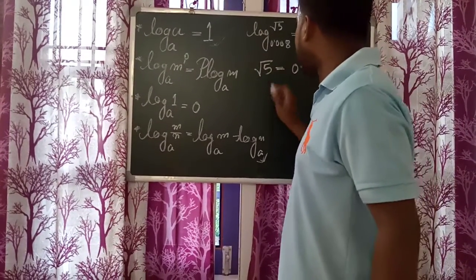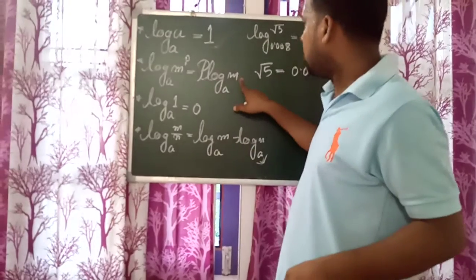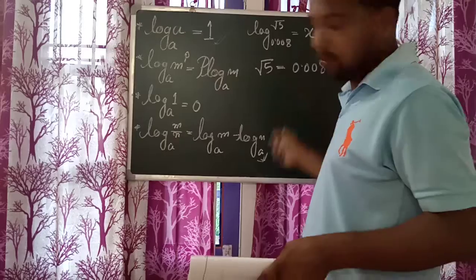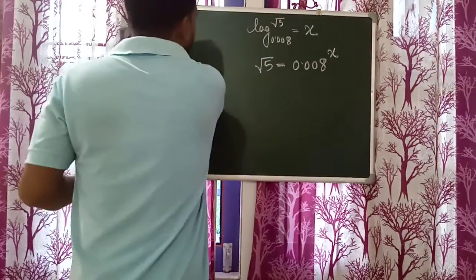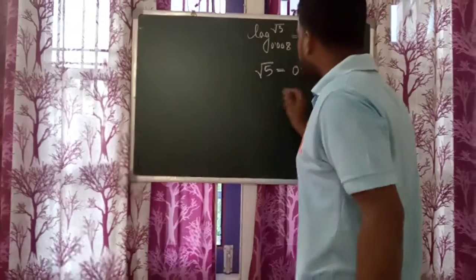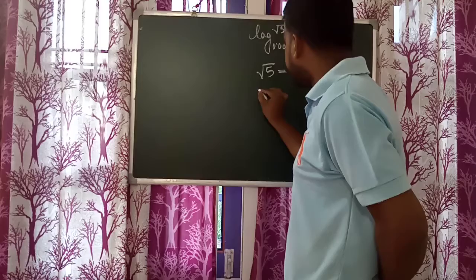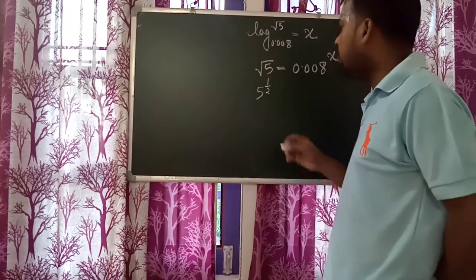Then root 5 can be written as 5 to the power half.